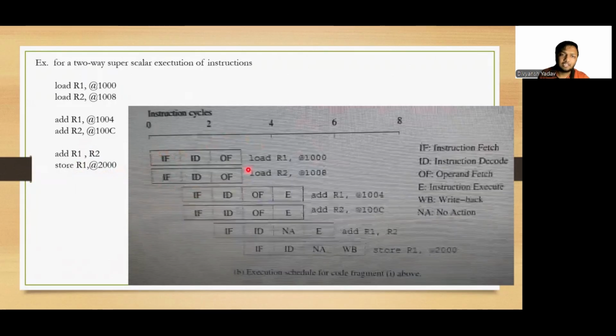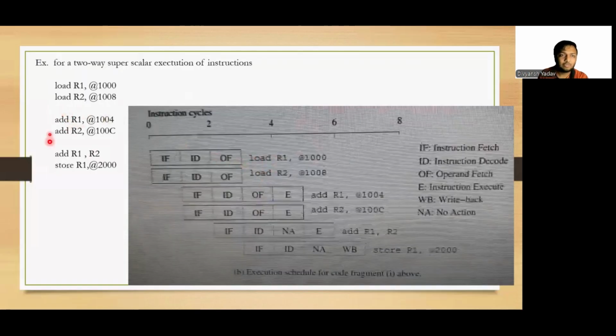Now here is the instruction cycle. See, the load R1 and R2 are both executed in parallel. The instruction fetch, instruction decode, and operand fetch are done in parallel, as they are two independent executions. They do not depend on each other, so we could just execute them without any issues.